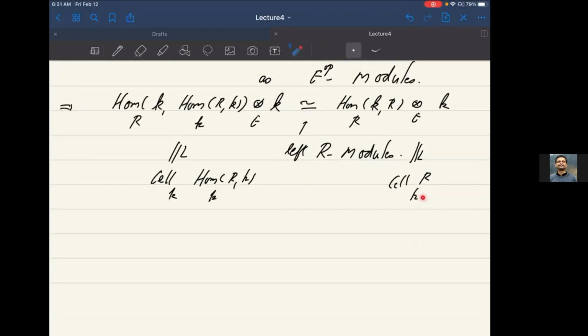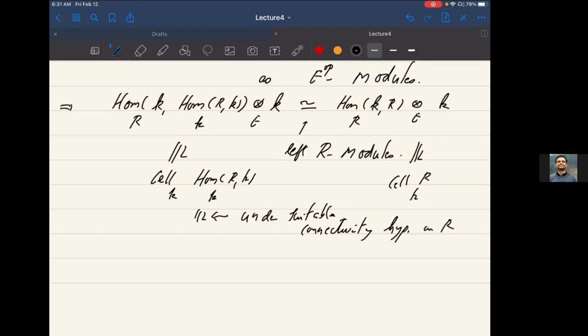And under suitable connectivity hypotheses on R, this ends up being already K-cellular.